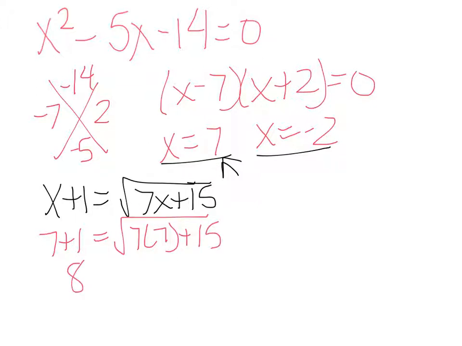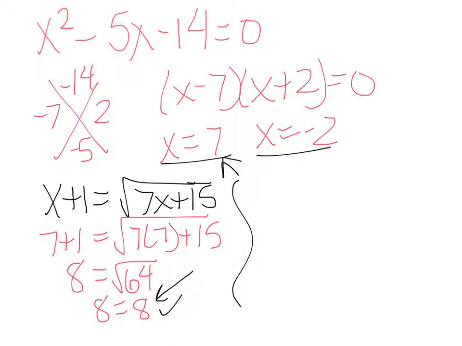This gives us 8 is equal to the square root of 64. So 8 does equal 8. Now, when we do these, we are only taking the positive answer. Here, we're not going to say plus and minus 8. We've done that in the past, but for this to work out appropriately, we have to take the positive answer. So that's true. That works out.